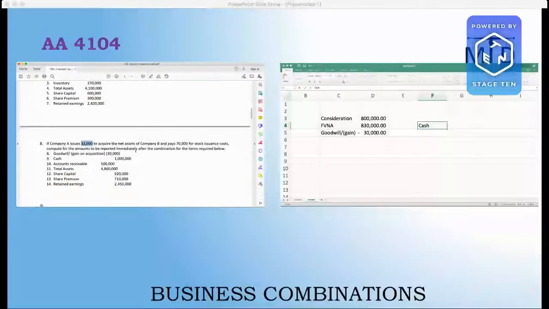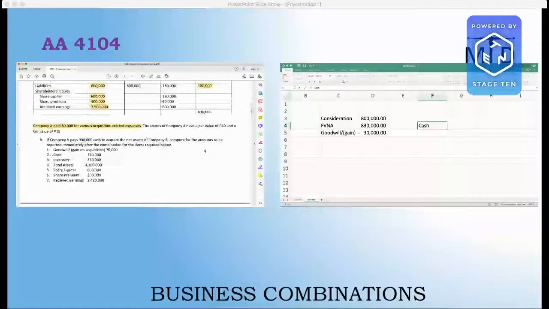Read the entirety of the problem, because in problem B, class, aside from the issuance of the 32,000 shares, in relation to such shares, company A had to pay for stock issuance cost in the amount of 70,000. And since these amounts were paid for, it would again affect the cash balance.